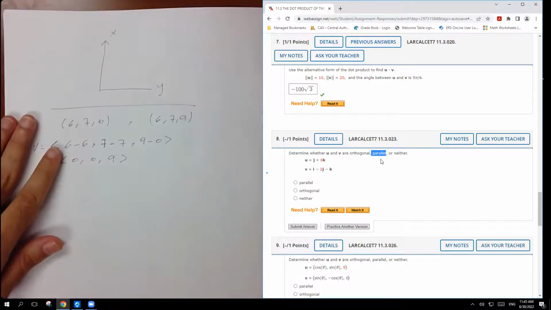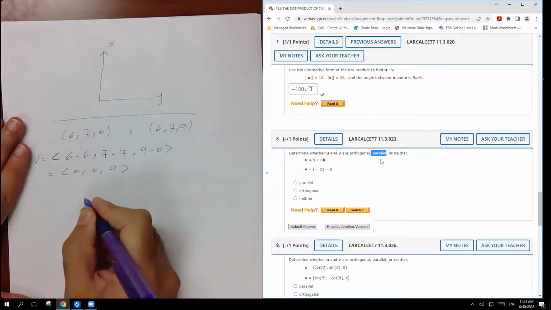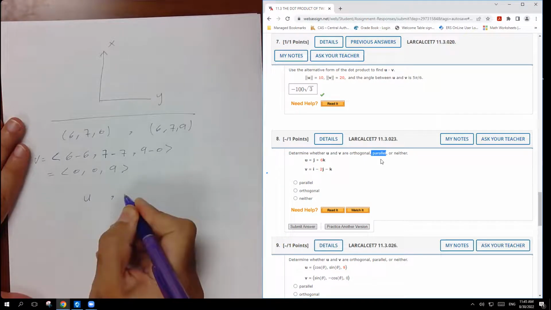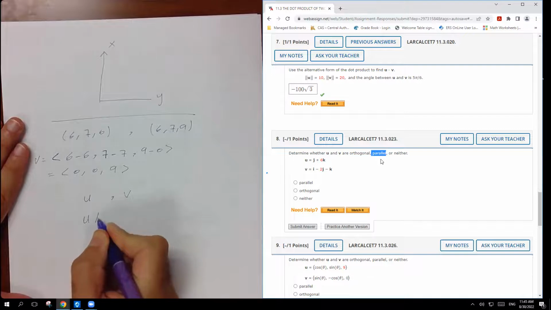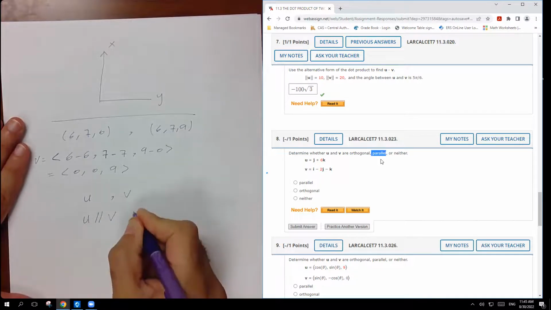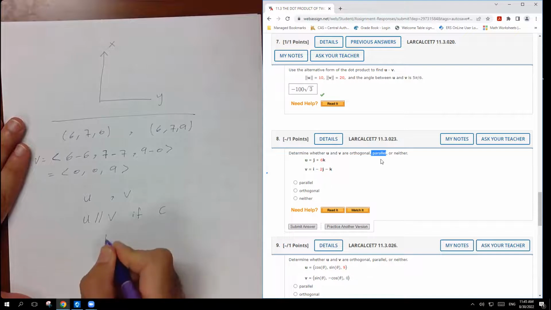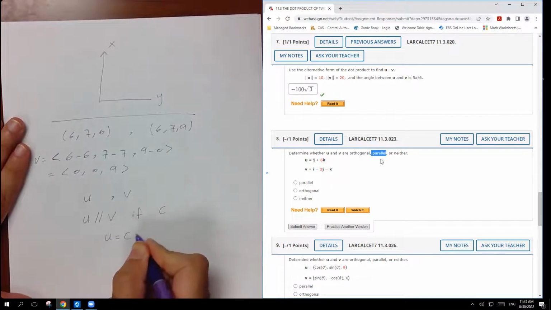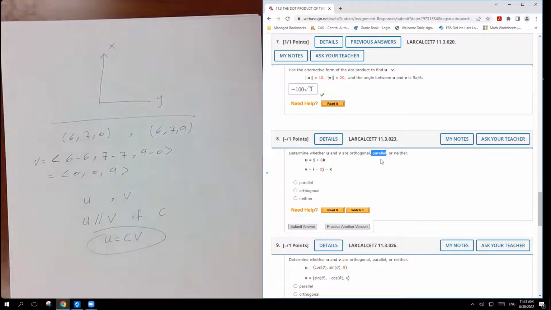I'm going to give you a hint. Remember when I told you, if you have U and V, U is parallel to V if you can find C such that U equals C times V. So this is how to prove it's parallel.